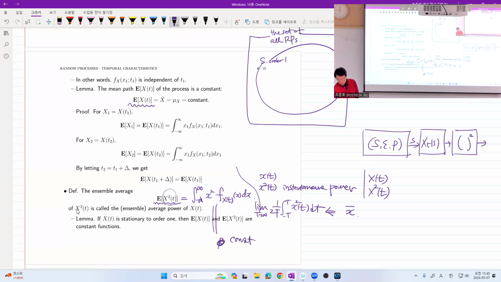So if you define a random process that is stationary to order 1, what is the consequence? Its mean path is a constant function. Its average power is a constant function. What about third order, x cubed of t? Still constant, right?